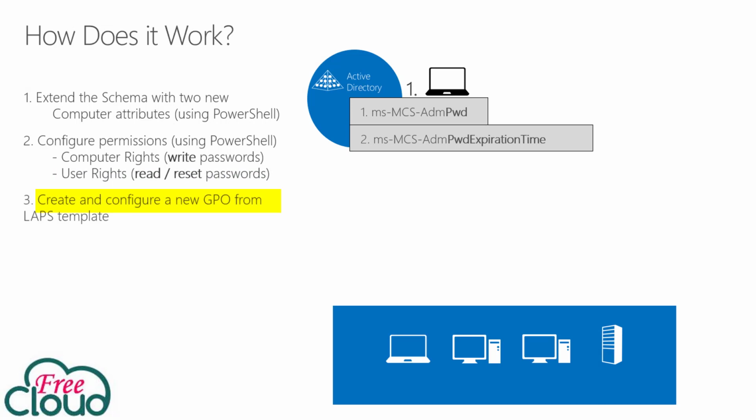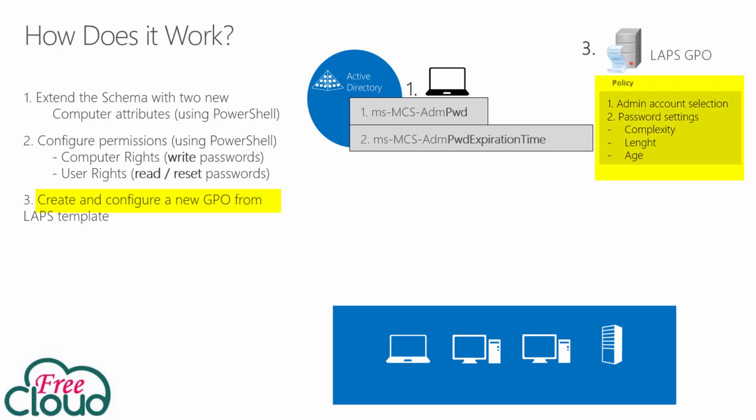After that, create and configure a new group policy that will be responsible for the configuration of the solution, defining configuration options like password settings and the admin account selection that will be managed by LAPS, by default Administrator, and password settings like complexity, length, and age.